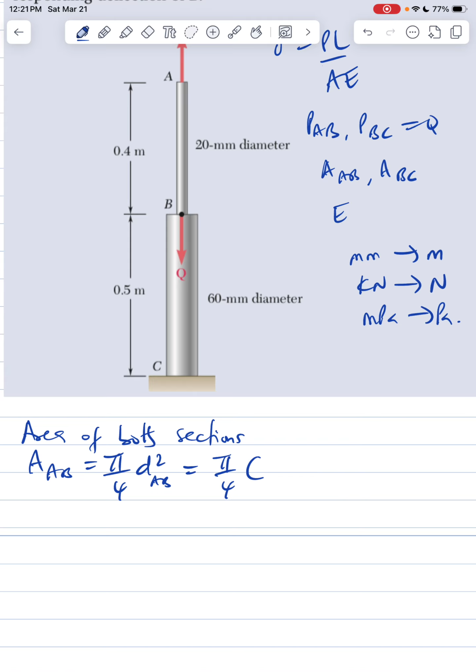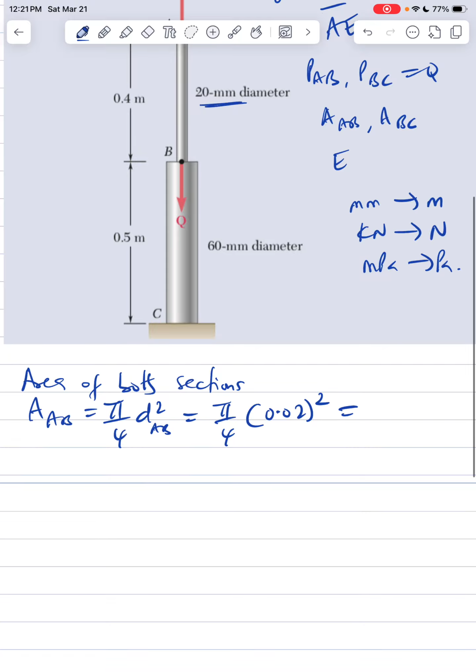Now, pi over 4 multiplied by d squared, with d equal to 20 millimeters, so that will be 20 divided by 1000, 0.02, all squared. If we compute that, we get 314.16 times 10 raised to the power minus 6 meters squared.